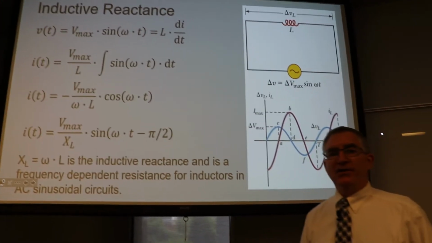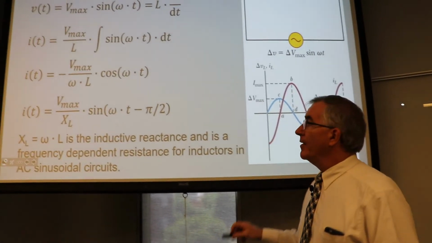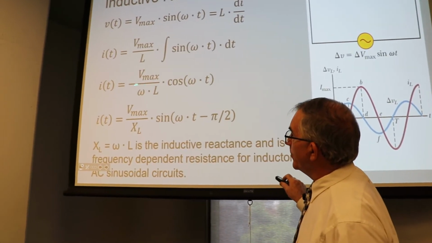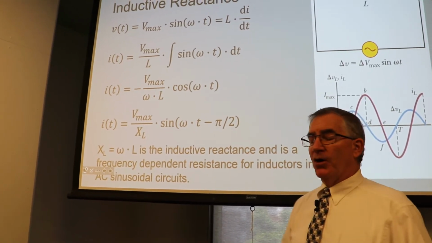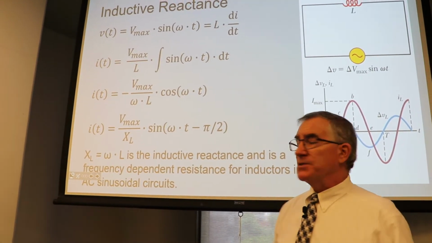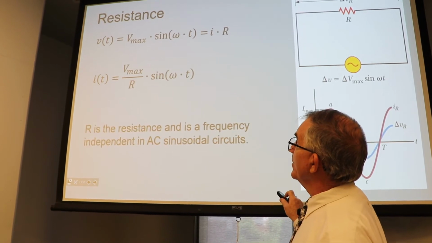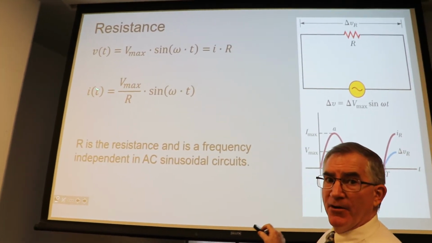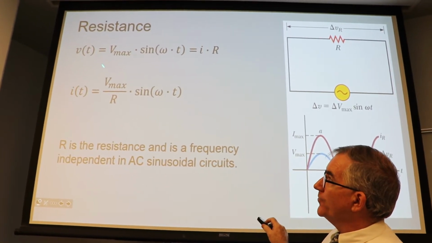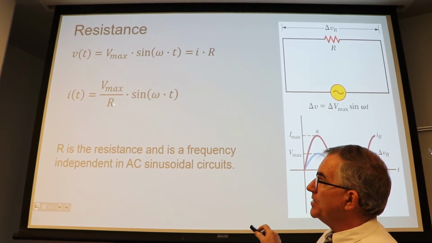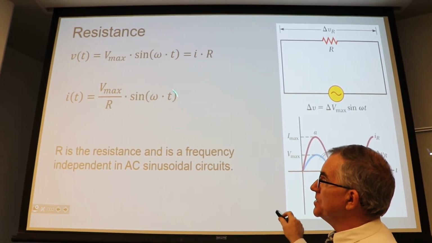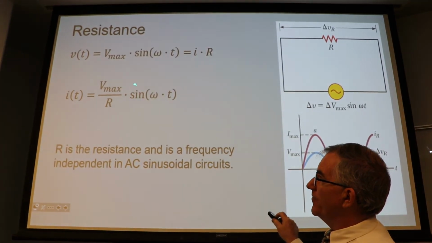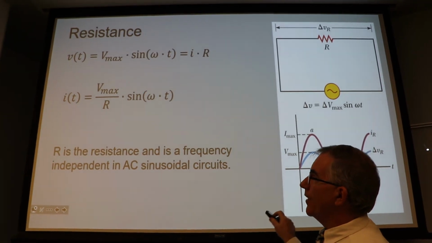Now, here's the deal, and here's what we're studying in the lab. We're going to be looking at this quantity right here, and that's called the inductive reactance. Now let me go back to this one. So you see how we had R down here? So current equals voltage divided by resistance. Now this is just a sine wave, so that doesn't have anything to do with the units. There's no units here.